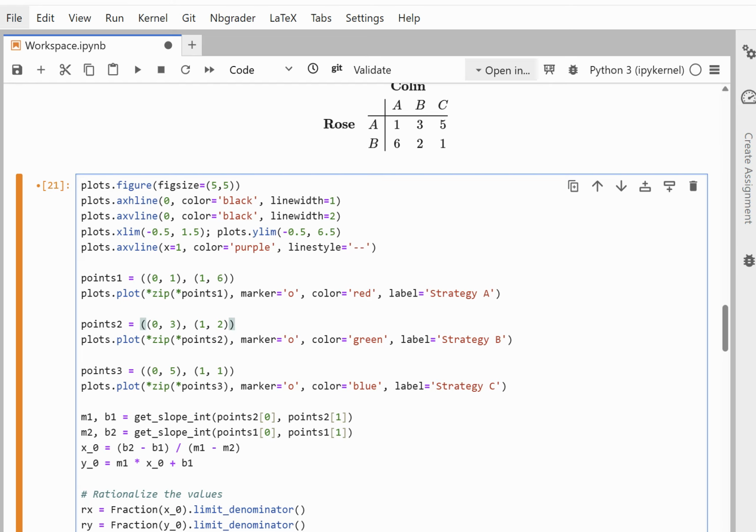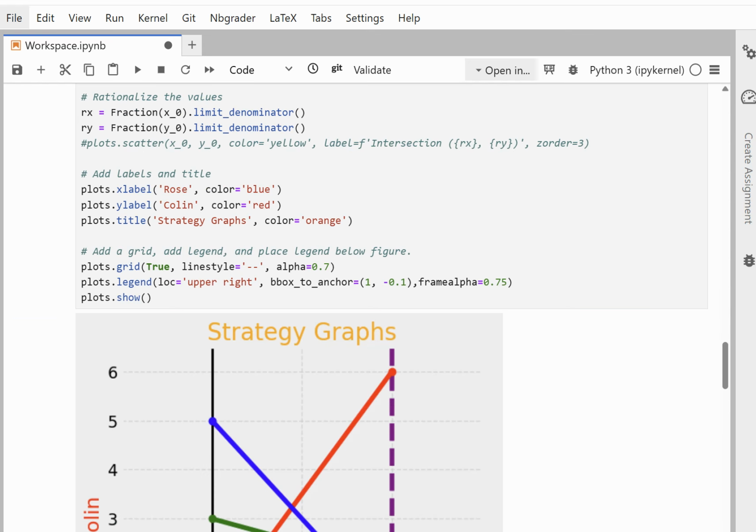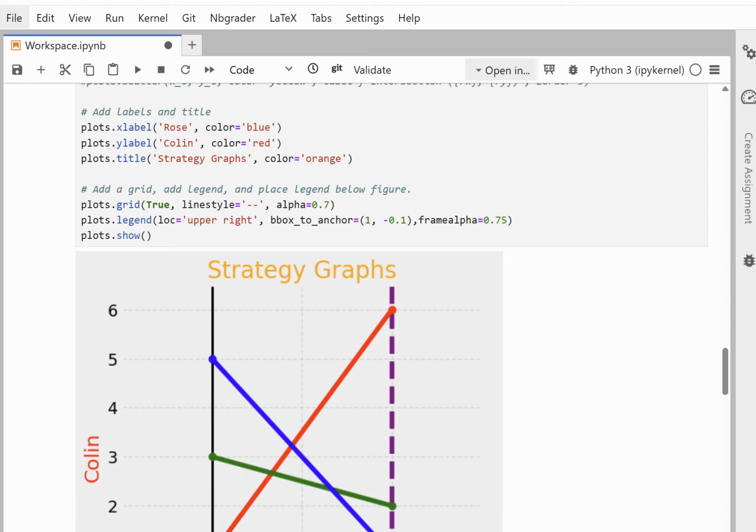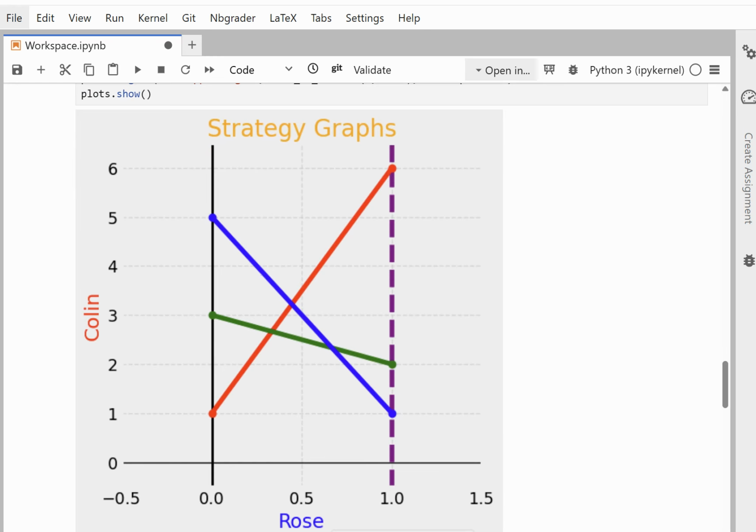Okay, so 1, 3, 5, 6, 2, and 1. For the moment, it can calculate that stuff, but let me turn off the scatter plot that will plot that point. Why? Because I don't need the point of intersection right now. Let me just run this and graph, right? So what am I looking at? I'm looking at, again, Colin has more than 2 strategies, so Colin's going to try to play along the lower envelope.